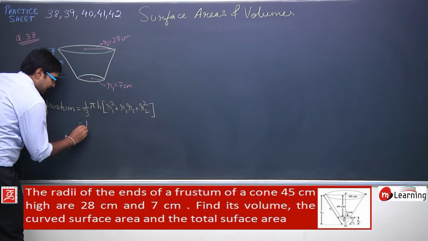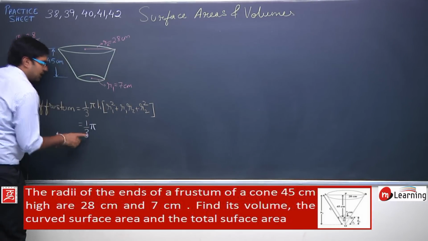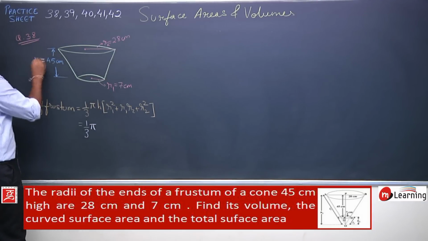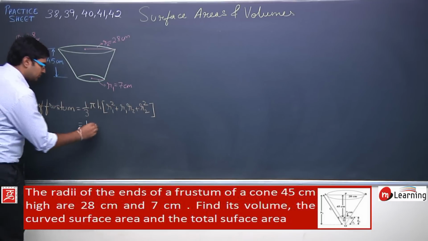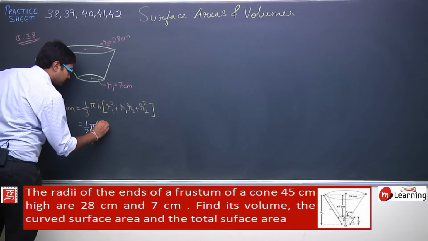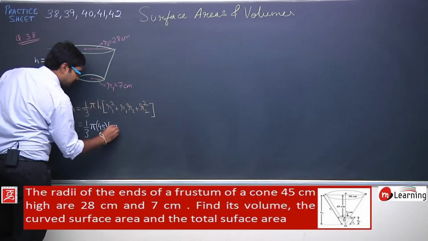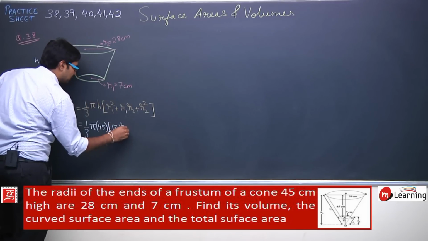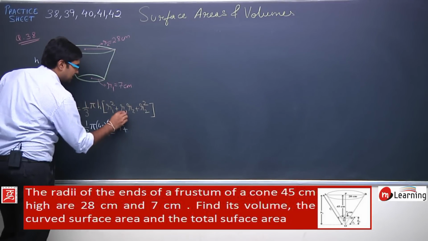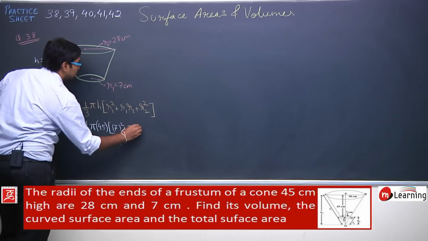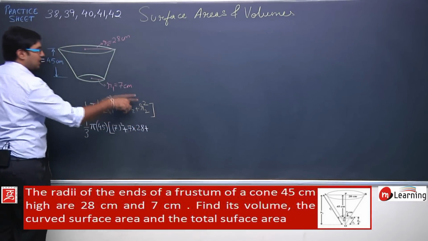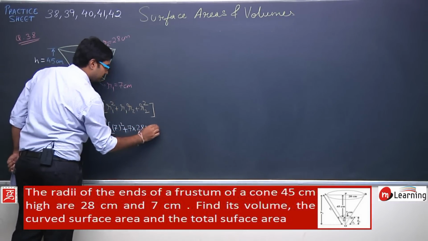So here I can write it is 1 upon 3 pi. Now h means the height of the frustum, which is 45. So it is 45 times the bracket. Now r1 square, r1 is 7, so 7 square plus r1 into r2, 7 into 28, plus r2 square, 28 square.